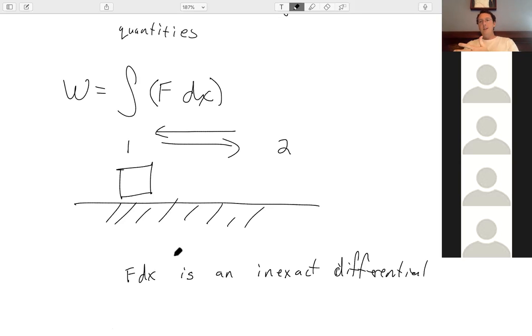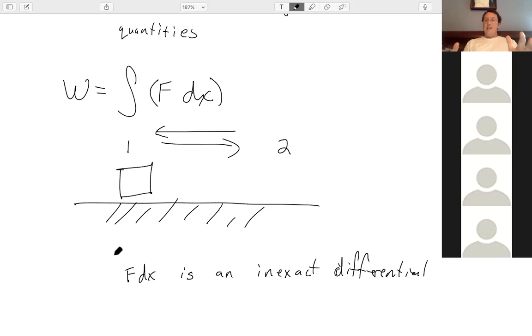You lose and you lose some more. Now, special machines, you run things in a special way, maybe it becomes exact. But if you don't know anything, you should assume it is inexact. And the same thing is true with heat, right? So heat is the same way. Occasionally it might become exact, but usually it is inexact. You lose and you lose some more, all right?